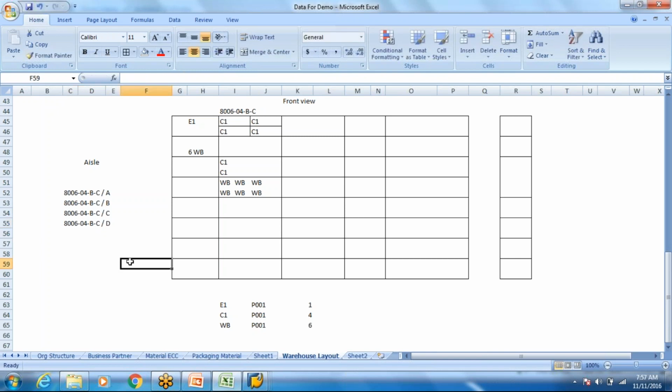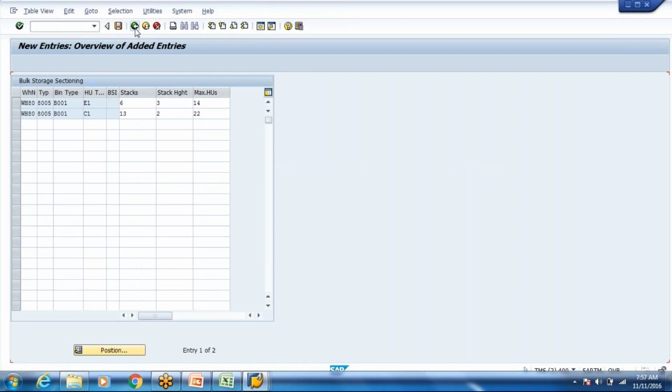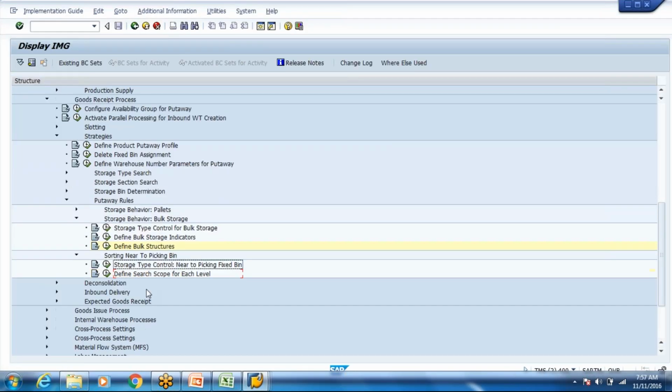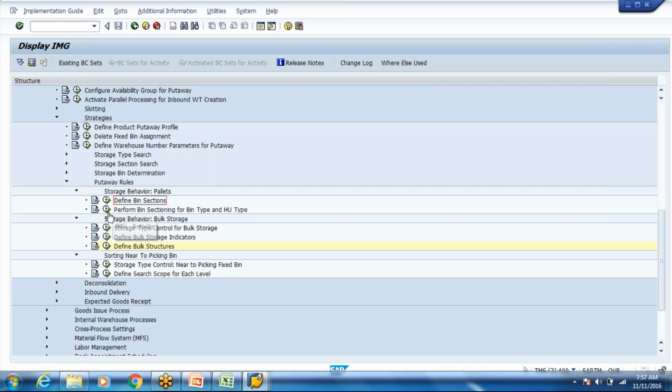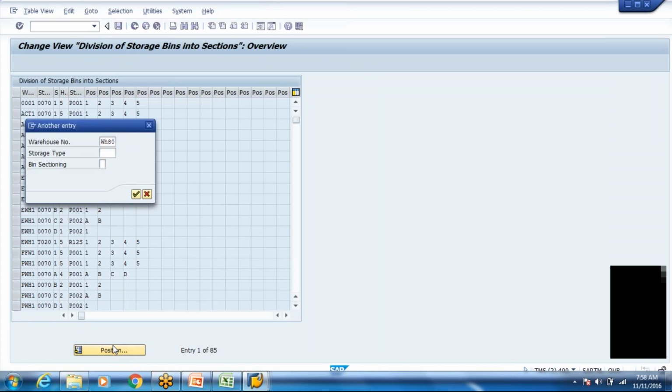So let us make this config now for our storage type. So we define sections here. So we have 3 kinds of sections. So first let me delete the existing entries.